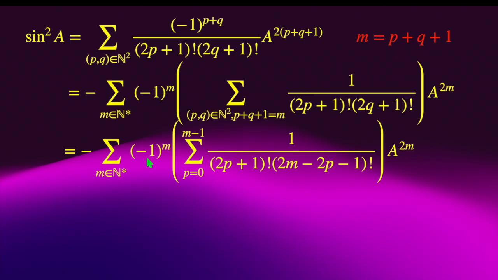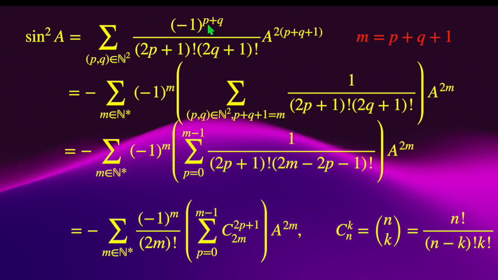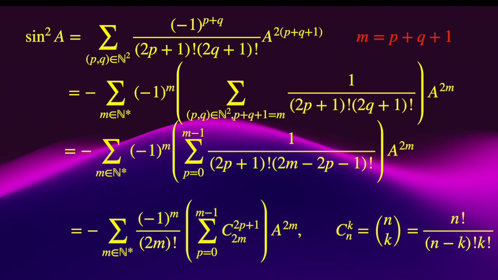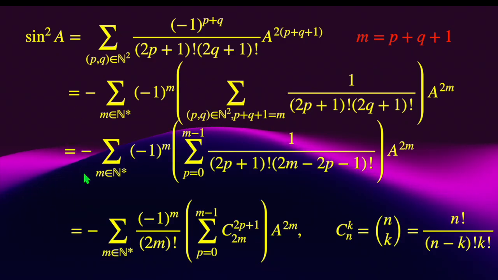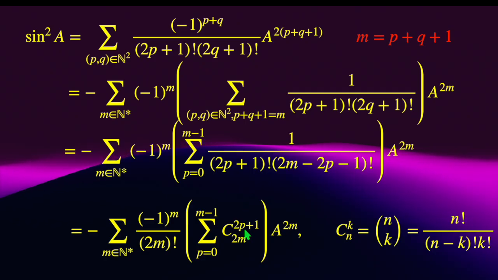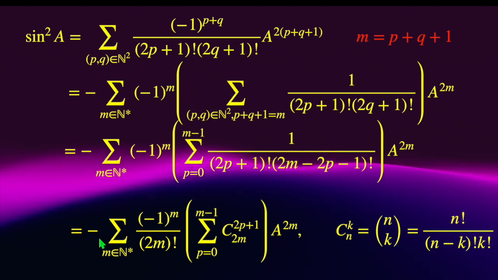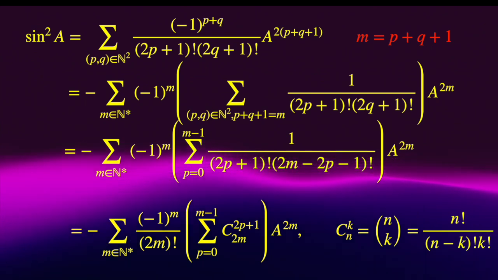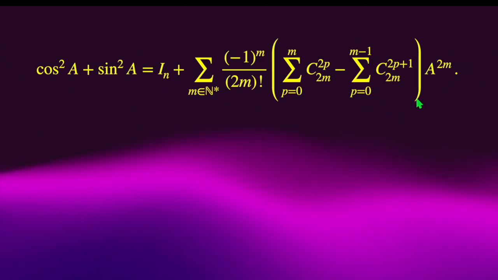Here we must make a minus sign because we have p plus q equal m minus 1. And finally, the same, we introduce the binomial coefficient and we get this beautiful formula. And now we can compute the sum of these two formulas and we get this formula.